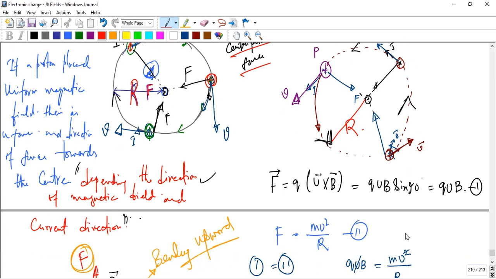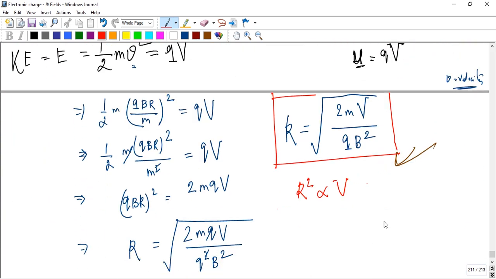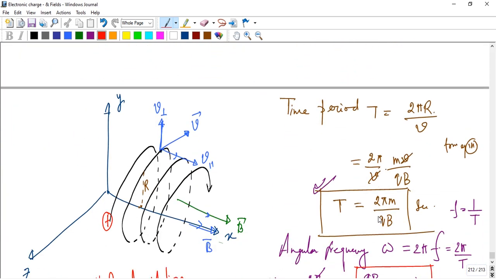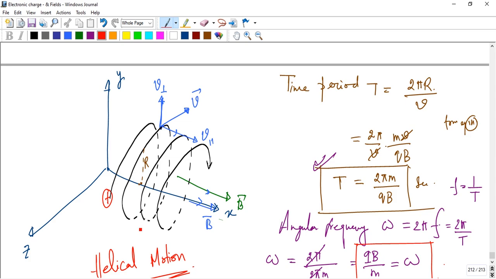Now another important term here is pitch. This length is called pitch. What is the pitch? Pitch is the distance moved along the magnetic field in one rotation.